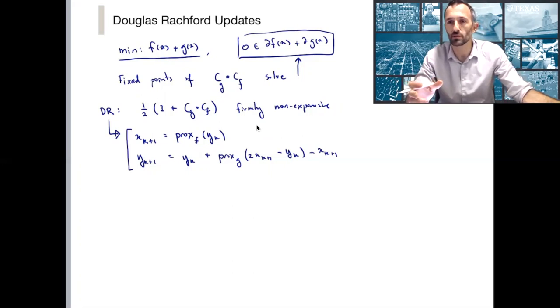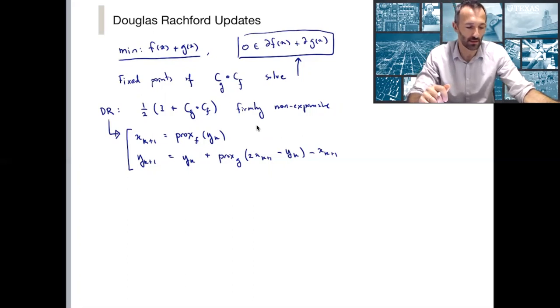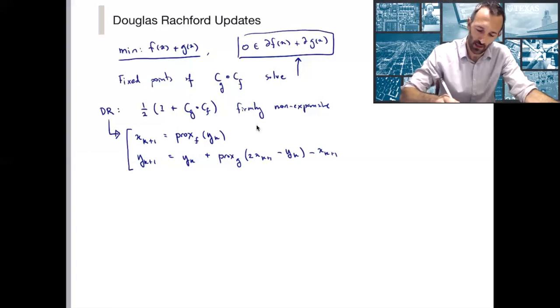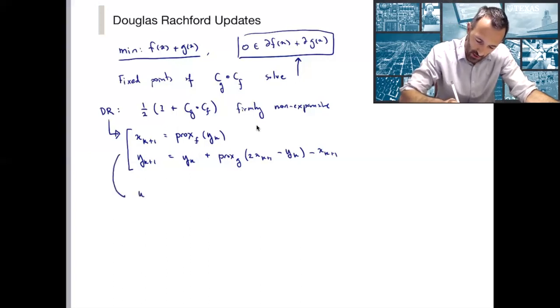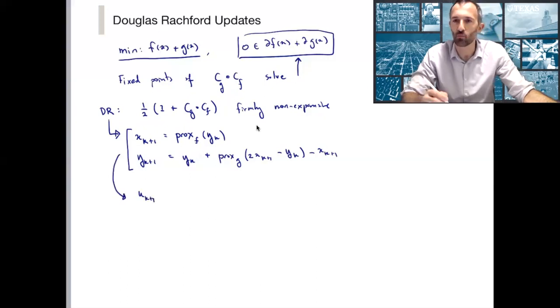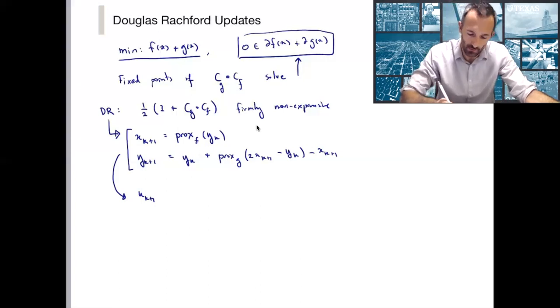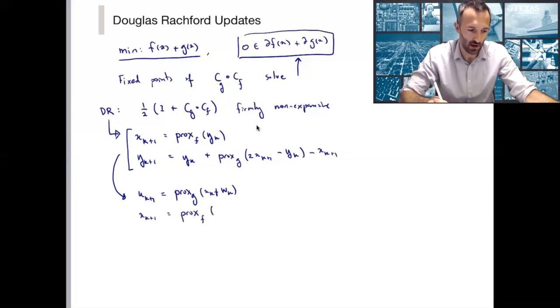We derived a few others in the previous lecture in this series, and in particular, one of the formats that we saw using some change of variables is equivalent to this, and this is primarily the one that we'll be using in this lecture. u^{k+1} is equal to prox g of x^k plus w^k. x^{k+1} is equal to prox f of u^{k+1} minus w^k.